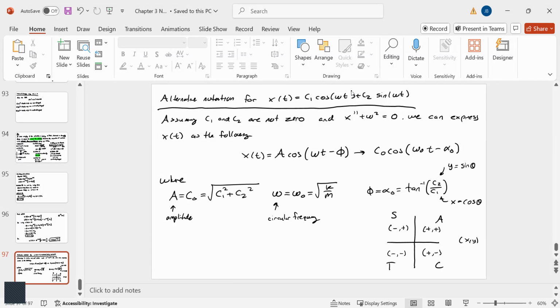So this is quadrant number 4, this is quadrant number 3, this is quadrant number 2, and quadrant number 1. Here you have to add 2 pi to get to this quadrant. For this one, you just don't add anything. And then if I remember correctly, this is going to be minus pi, and then this is going to be plus pi. So that's how you adjust for each of the quadrants.